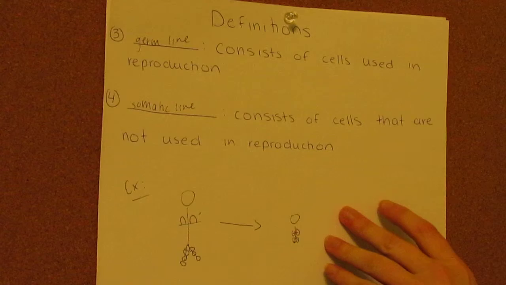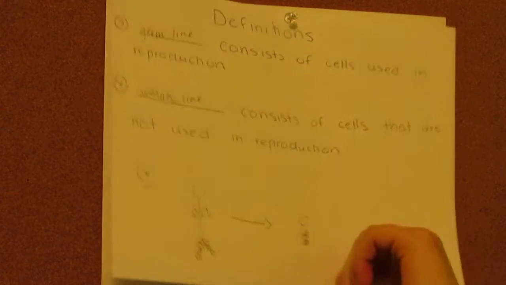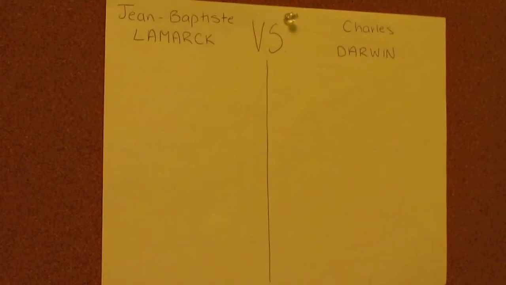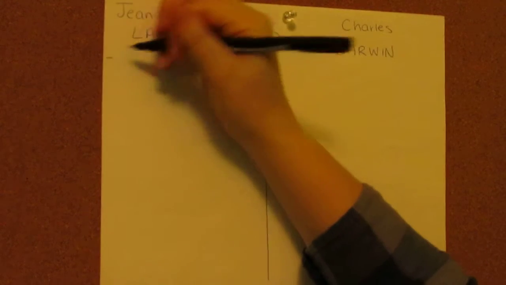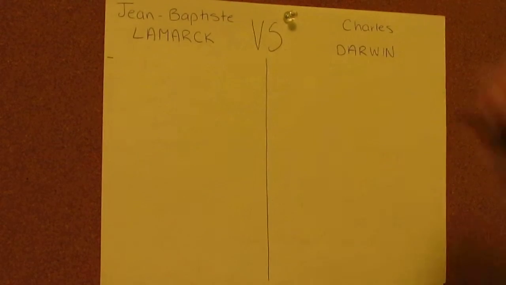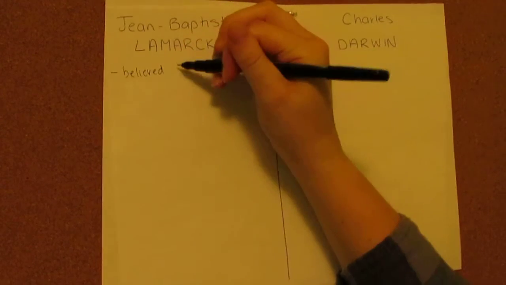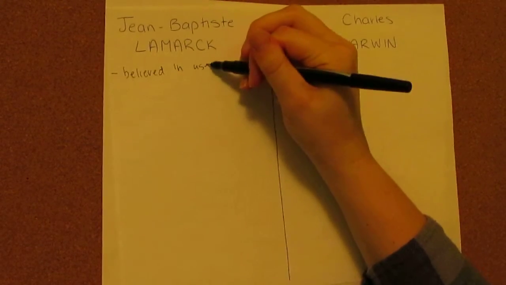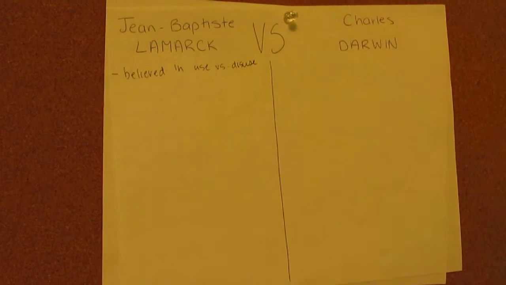Okay. And then there are different people that viewed vestigial structures differently in inheritance, so we will look at those different views. Jean-Baptiste Lamarck was before Darwin in his views. So this is what he believed. He believed in something called use versus disuse, is how a structure would occur, or a vestigial structure would occur.